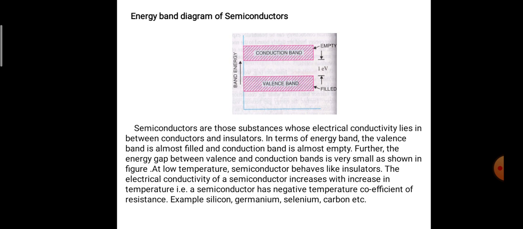At low temperature, semiconductors behave like insulators. The electrical conductivity of a semiconductor increases with increase in temperature. That is, a semiconductor has a negative temperature coefficient of resistance. Examples: silicon, germanium, selenium, carbon, etc.